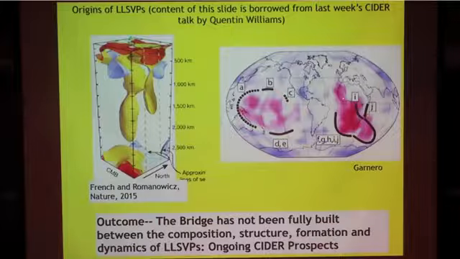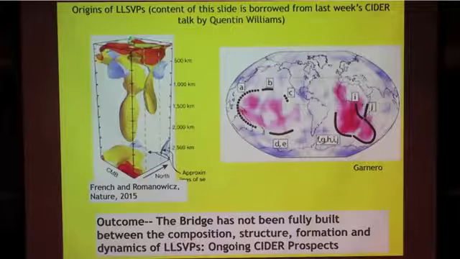So the LLSVPs give us a very large scale structure that is thought perhaps to be very long-lived, thought to have sharp boundaries in places, have quite a bit of complexity and structure to them, and may actually be an indicator of some long-lived heterogeneity in the lowermost mantle. So that's something we also have to take into account.